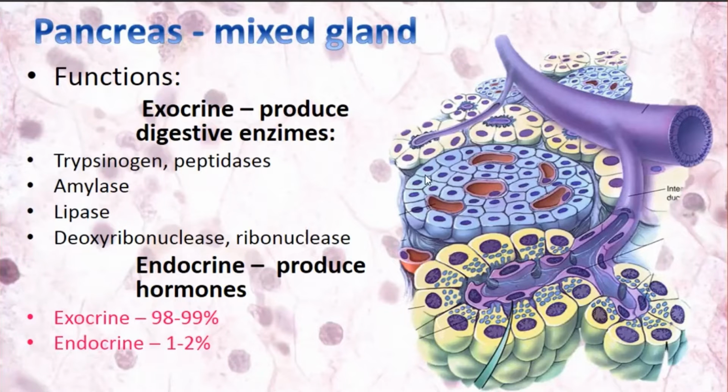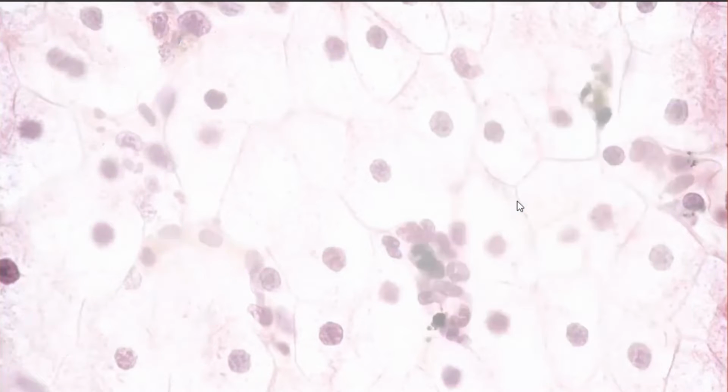And there is also the endocrine part. It's formed by islets of Langerhans. Here we can see those islets. Islets are composed of endocrine cells. They produce hormones and release them into blood capillaries which are located between endocrine cells.